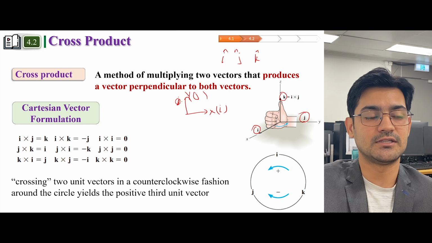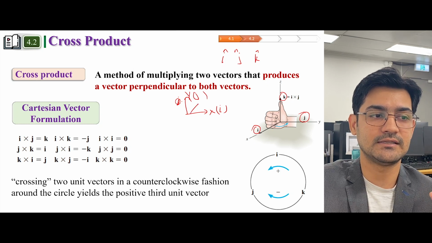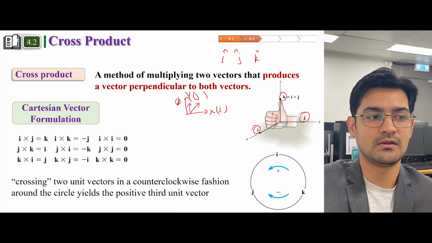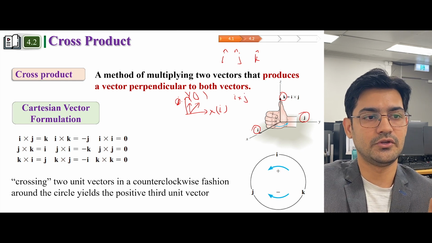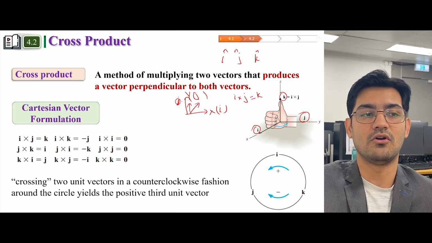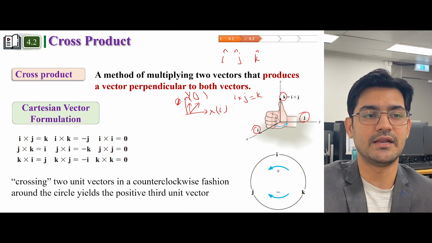So if two vectors are multiplying on the x and y-axis, the resultant would also include these Cartesian vectors multiplication. By multiplying i into j, you will get another vector called k, and that would represent the direction.